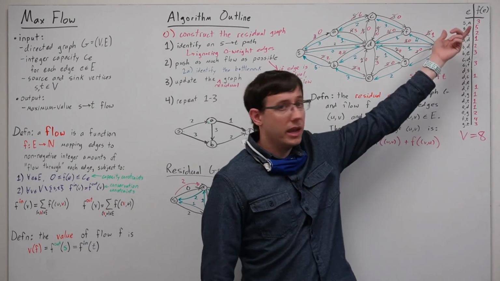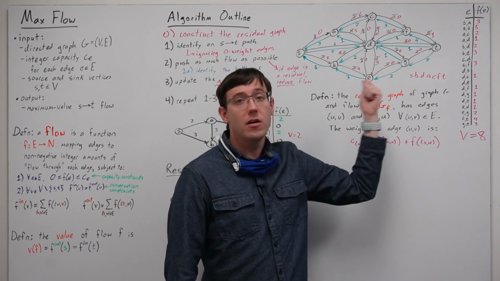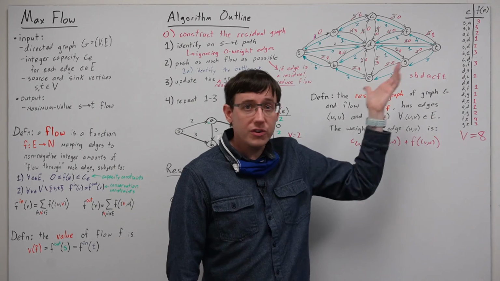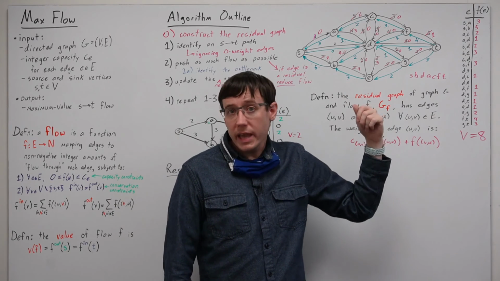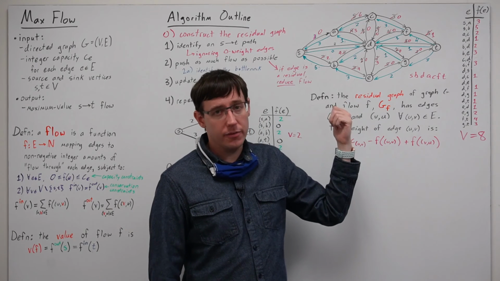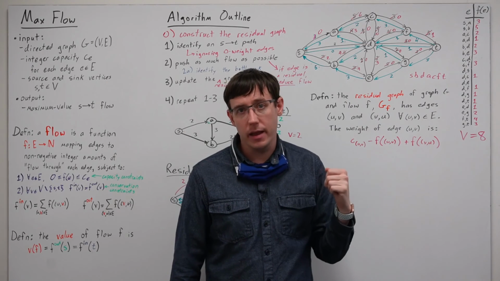Now that we have a full tabular representation of a flow for this graph, we can note that for most of the edges, we can read off their flow from the residual graph by just looking at the weight of the back edge.